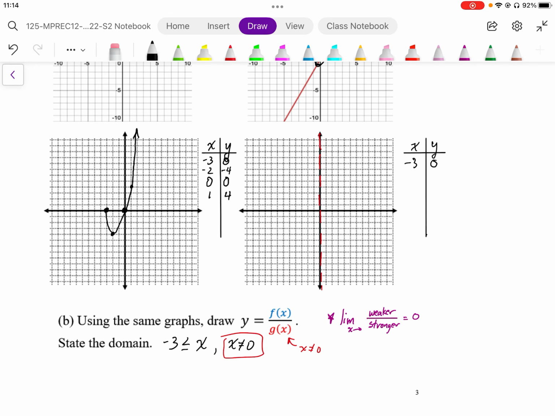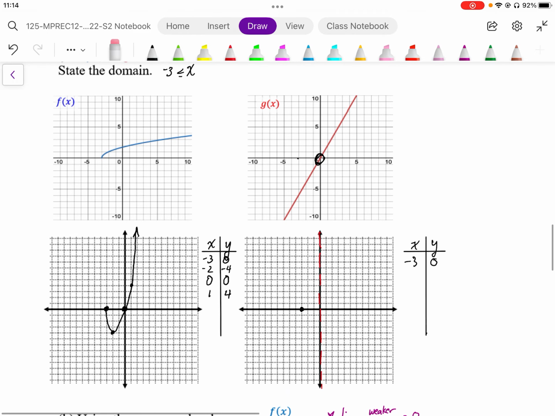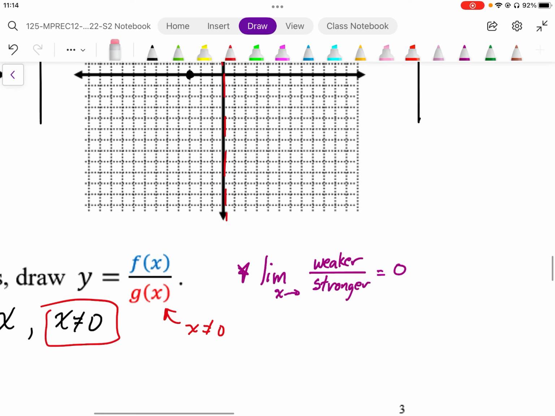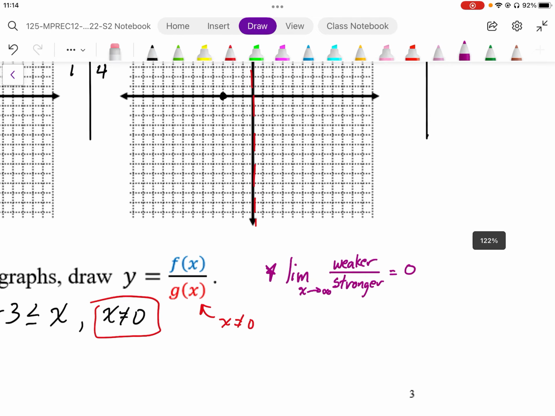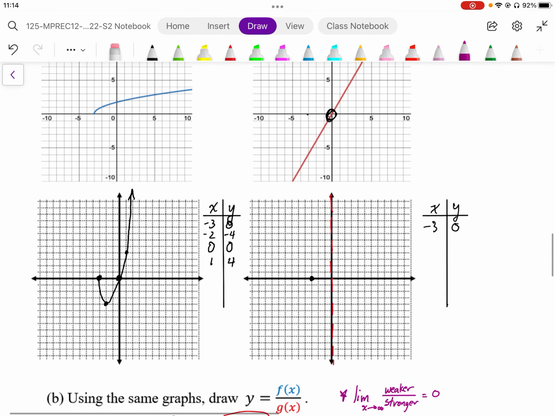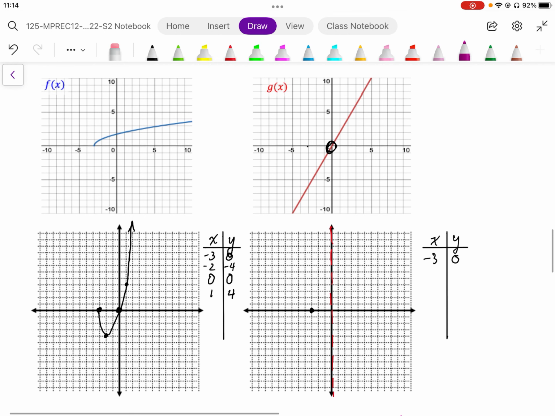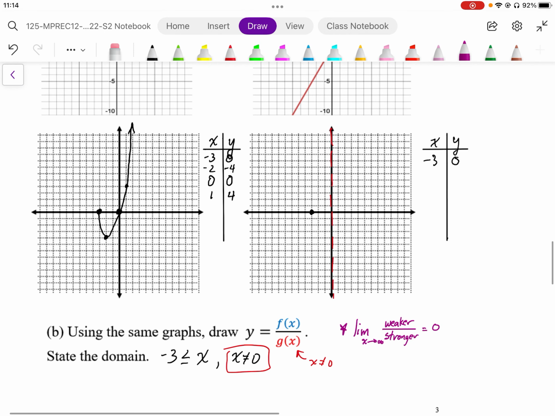But before I do that, I really should look at potential horizontal asymptotes. And this idea here that the limit as we go to infinity, if we have a weaker function over a stronger function, it's going to tend towards zero. Well, in this case, the f of x function is a square root function, or power 1/2. The g of x in the denominator is power 1.